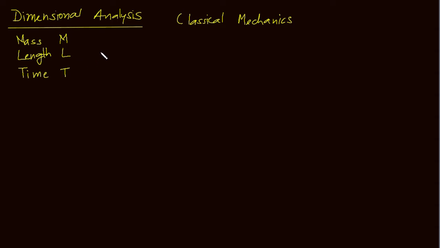So let's look at velocity. So velocity is a vector. Velocity is displacement over time. So this will lead to L T to the power minus 1.